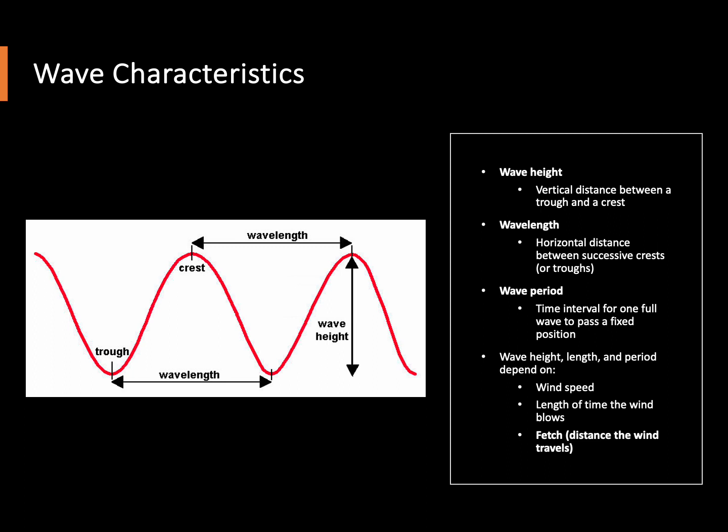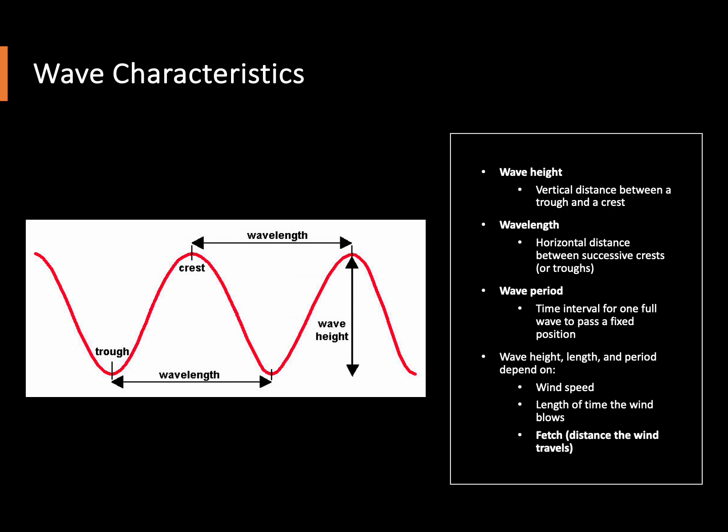But in addition to just how tall or how high is the wave, we want to know how long the wave is as well. And this is called the wavelength. And we can measure the wavelength in two ways, either from crest to crest, from the highest to the highest region of two waves, or from trough to trough of two waves.